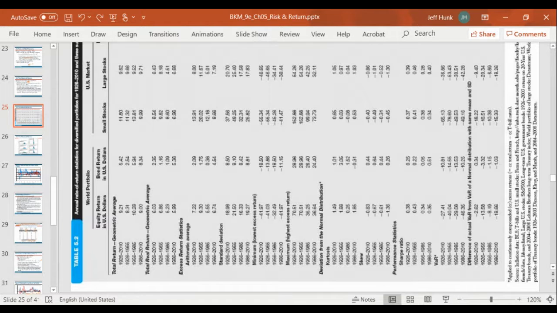Of course, that's what's called likewise normal distribution, right? With the same mean average.